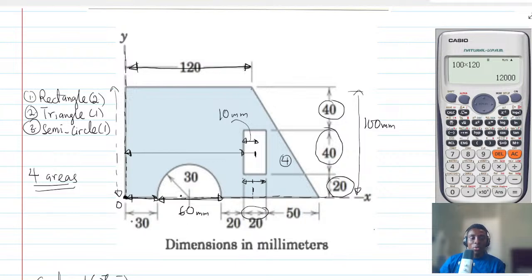Okay, so 30 plus 60 plus 20 plus 10. What is that?